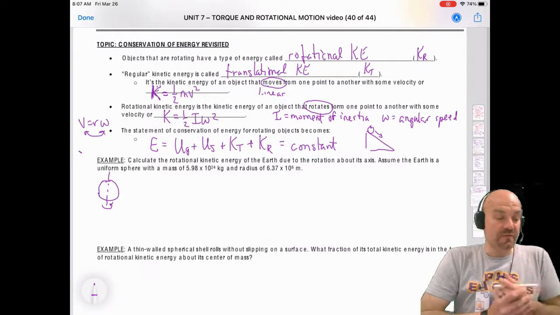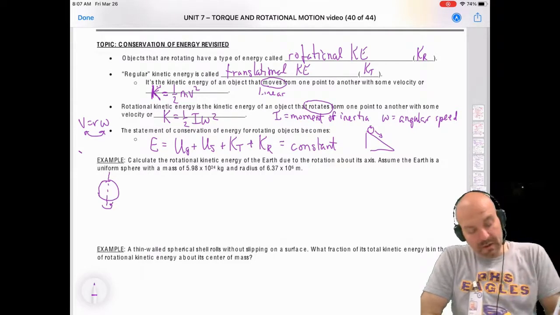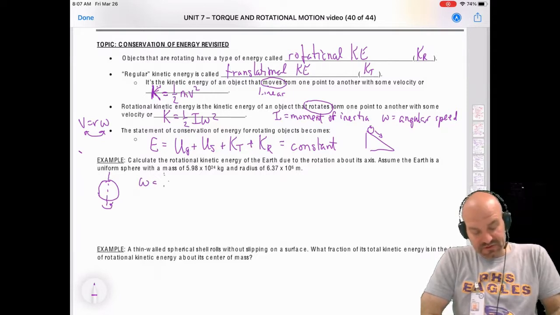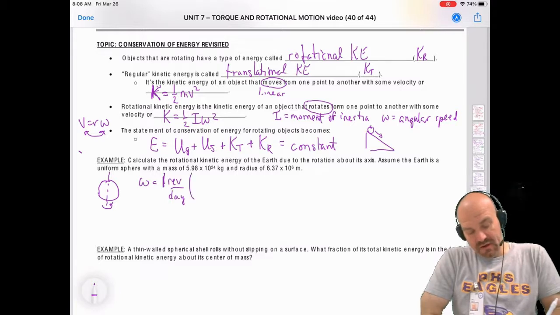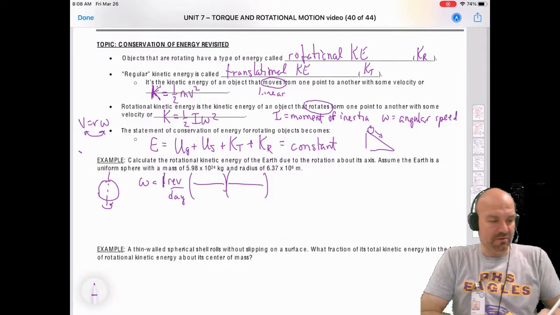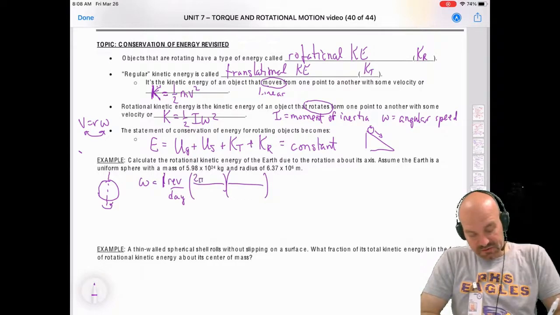So the first thing we have to do is find the rotational speed. It takes Earth essentially 1 revolution per day. And so we're going to do a dimensional analysis, or a factor label method here. So 2 pi radians is 1 revolution.